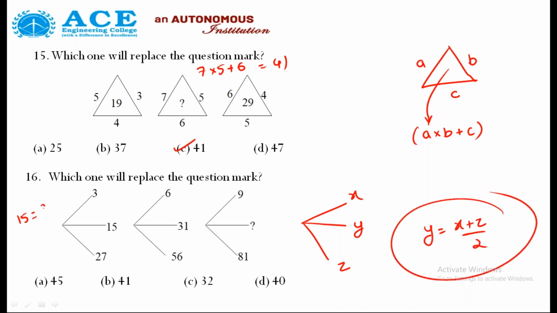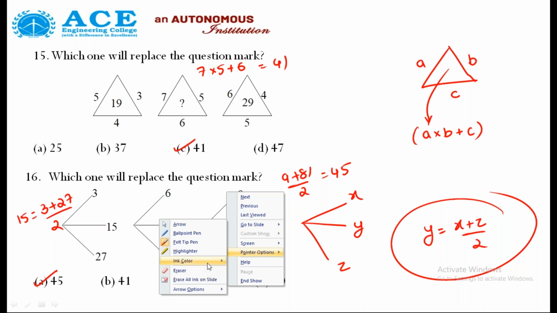Yes, 15 is nothing but 3 plus 27, 30 divided by 2. This is 9 plus 81 divided by 2, which is 45. 9 plus 81 divided by 2 will get it as 45 actually.